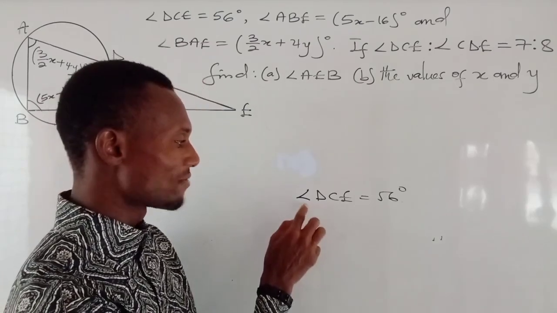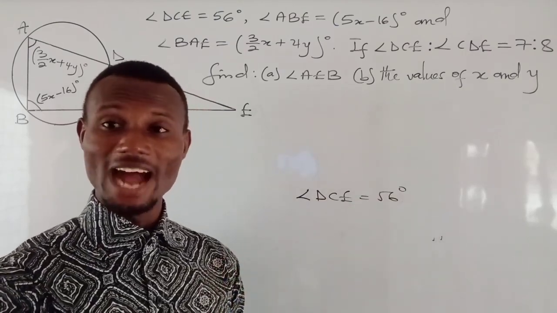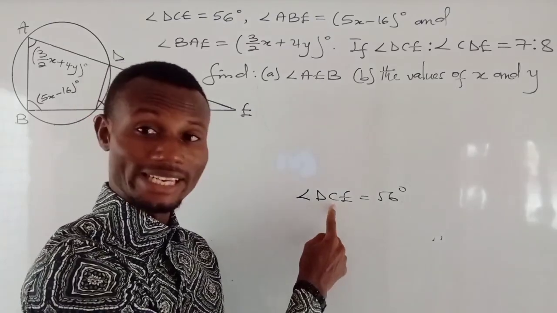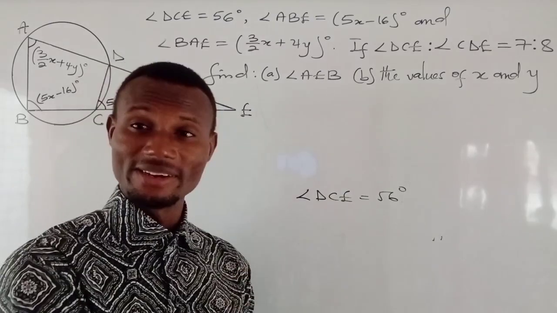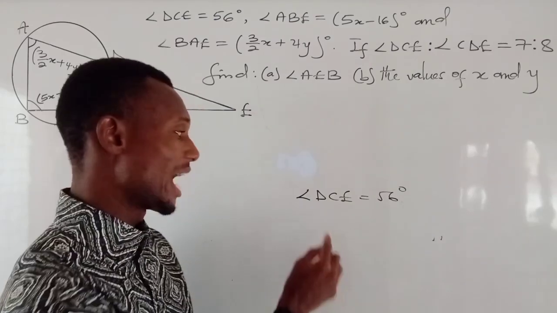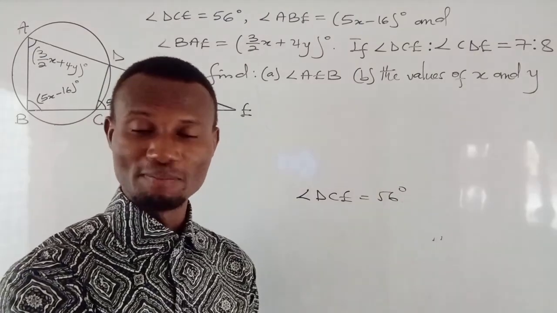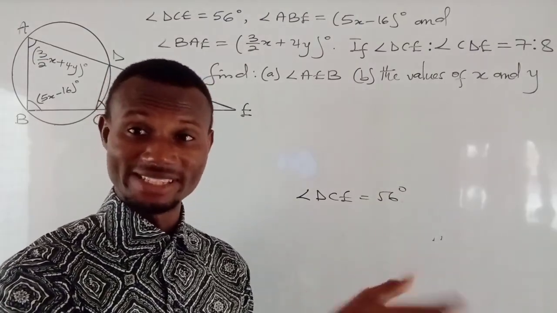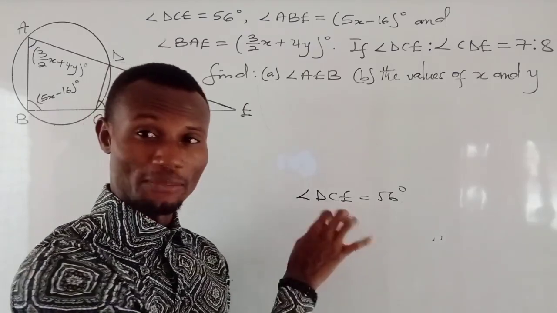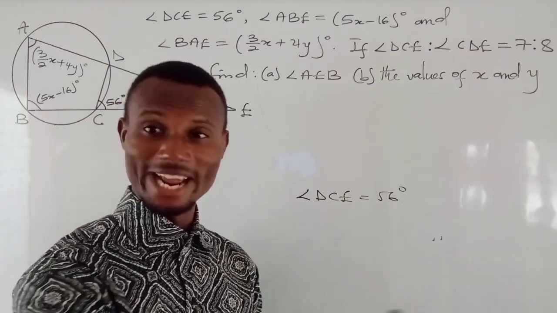So angle DCE equals 56 degrees means that the 56 degrees angle is being formed on C, because the middle letter is always where the angle is formed. The rest of the letters just help us to describe the angle.